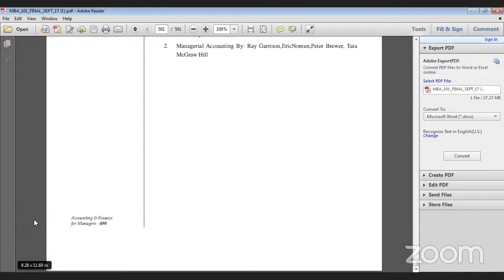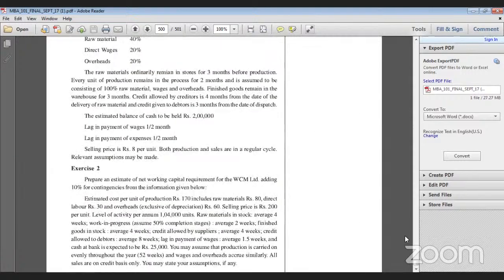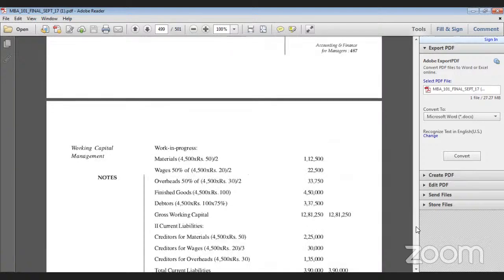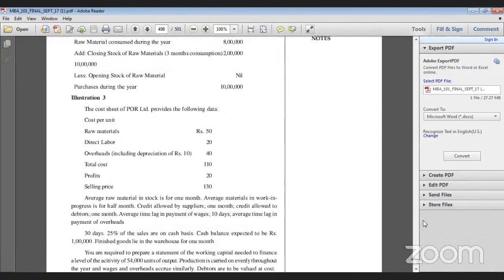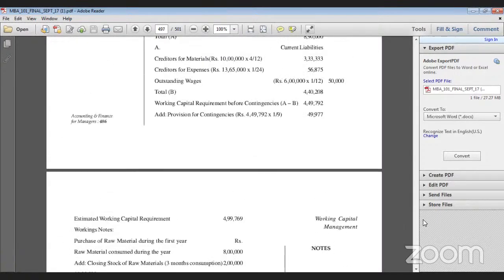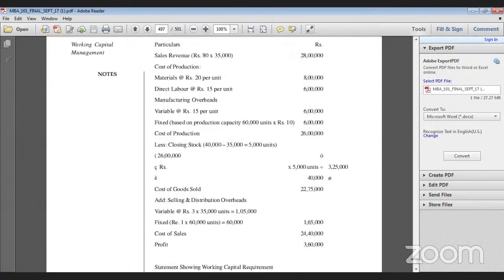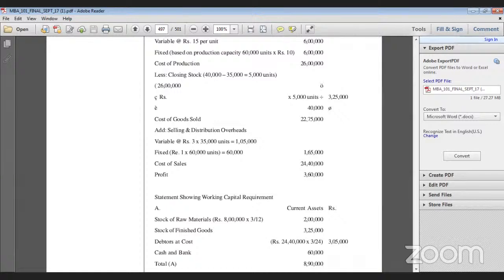After that, the main chapter. One sec. So these are the various ratios, leverage ratio, financial structure ratio, and many more.